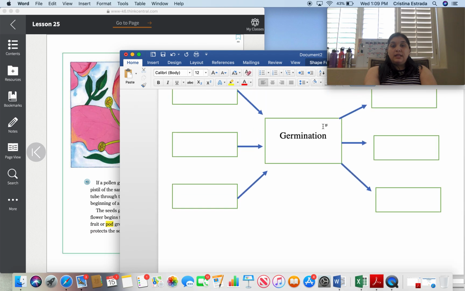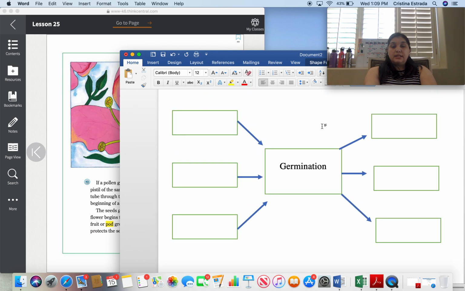Now, the second thinking map I have here is a little bit different. It's a flow of cause and effect. So, first, we're going to talk about things that cause germination to happen, and then the effect that germination has.